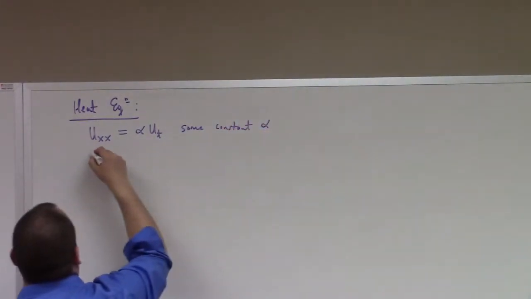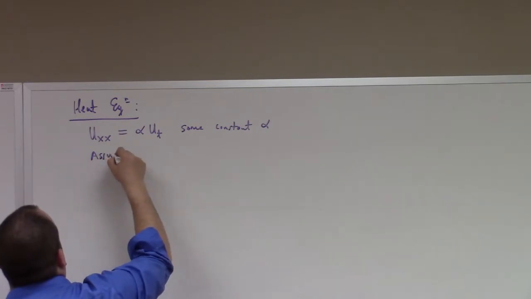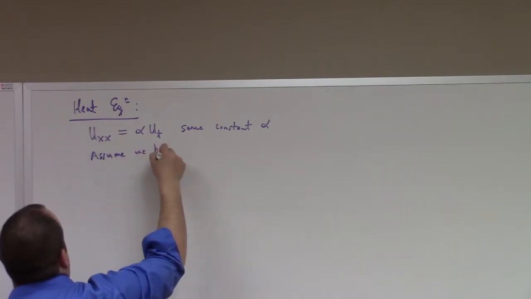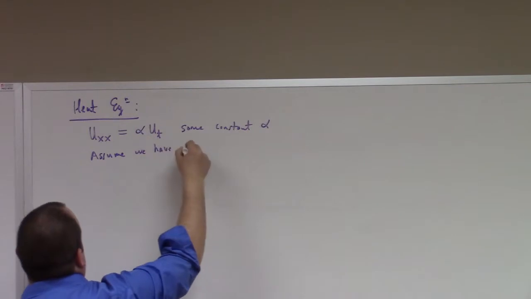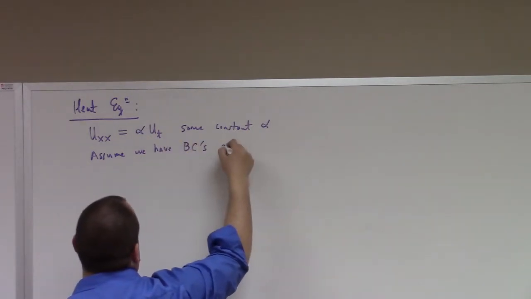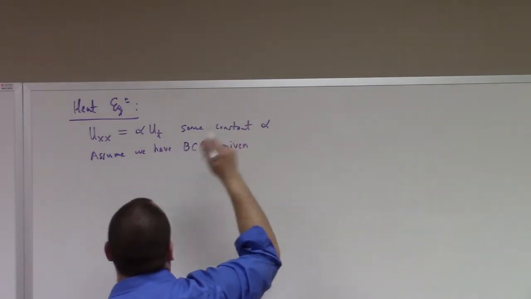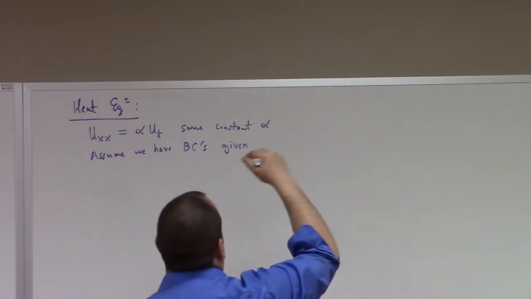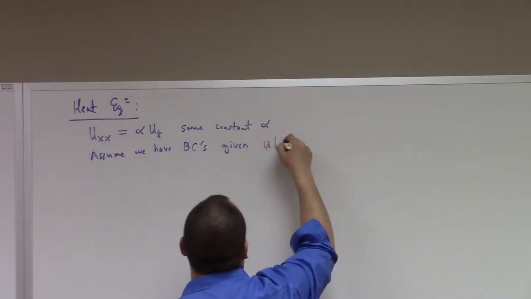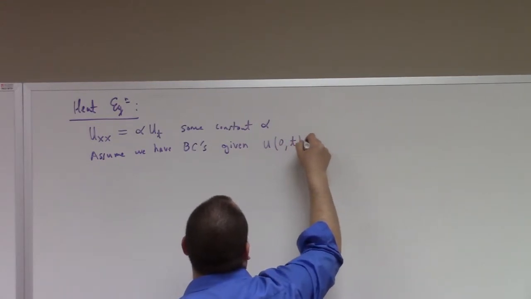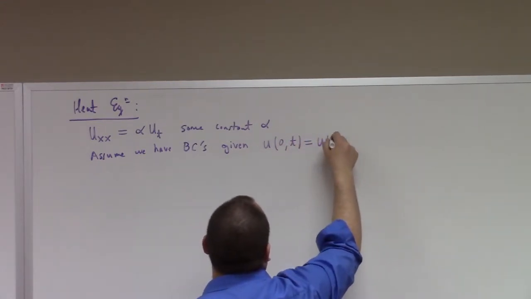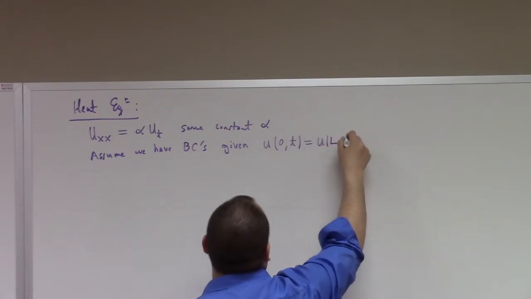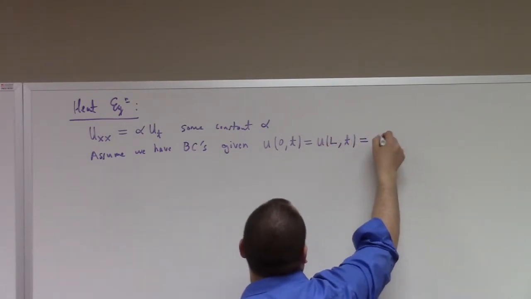And I'm also assuming we have some boundary conditions given. Let's see here. How about we'll assume the first case. We'll assume u(0,t) equals u(L,t) equals 0.